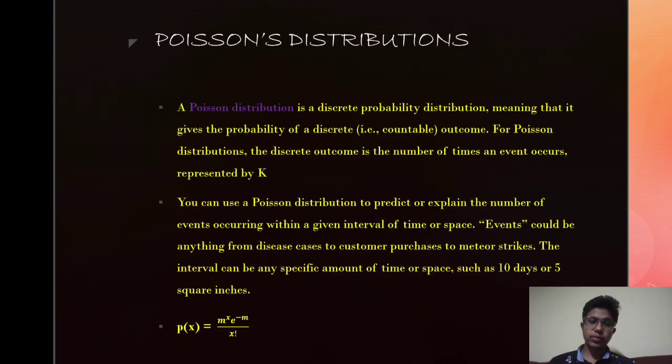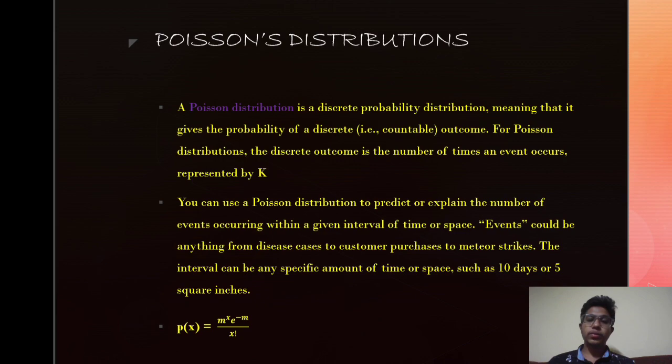Next, Poisson distribution. Poisson distribution is a discrete probability distribution, meaning that it gives the probability of a discrete outcome. For a probability distribution, the discrete outcome is the number of times an event occurs, represented by k.